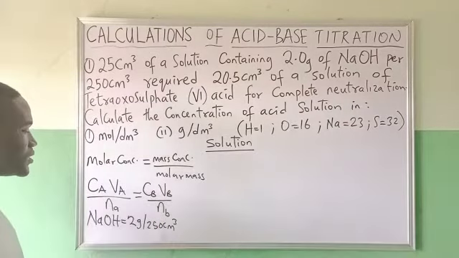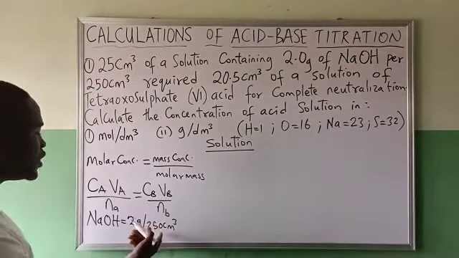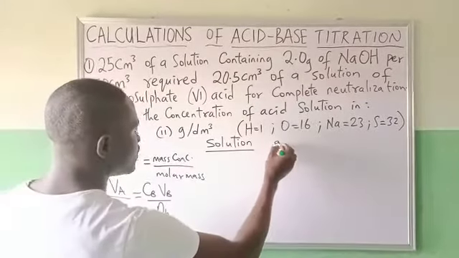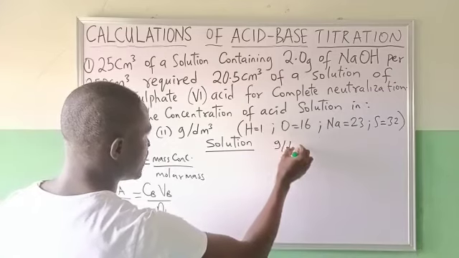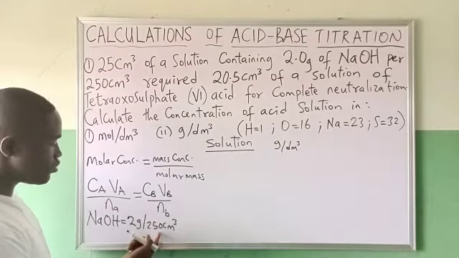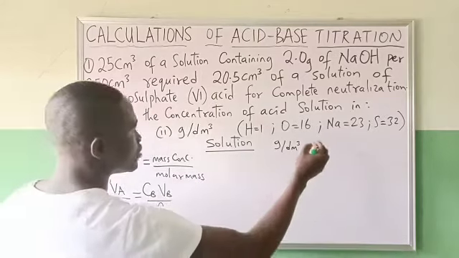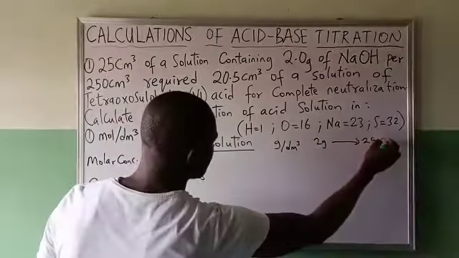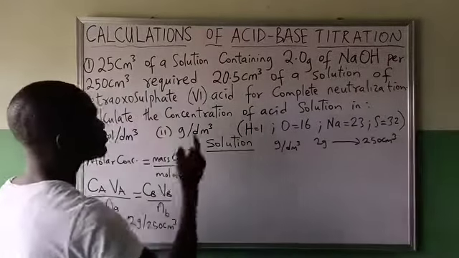The SI unit of mass concentration is gram per dm cube. Can we convert this to gram per dm cube? Yes. 2 gram is in 250 cm cube according to the question.